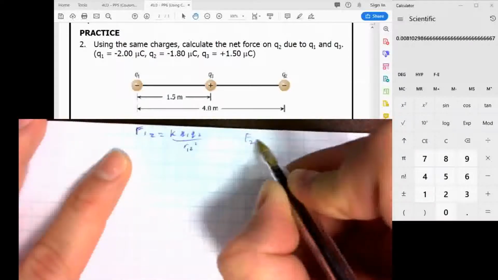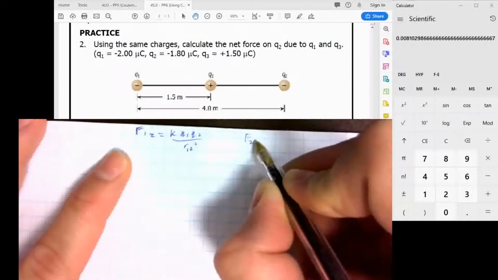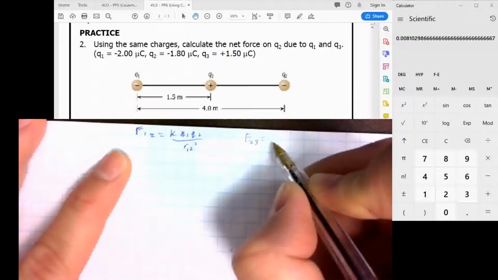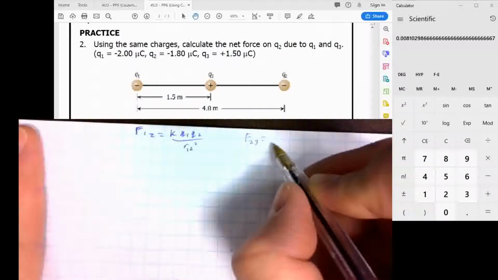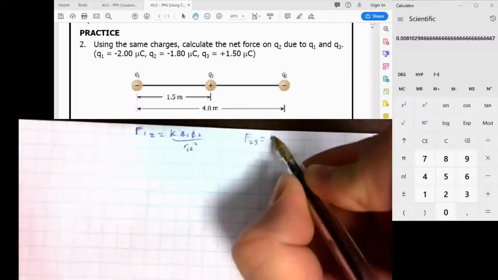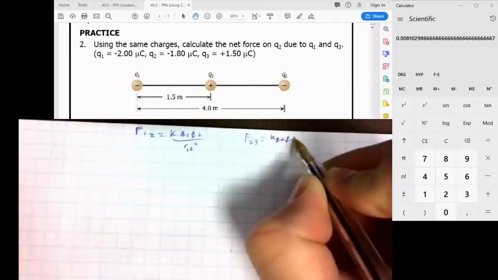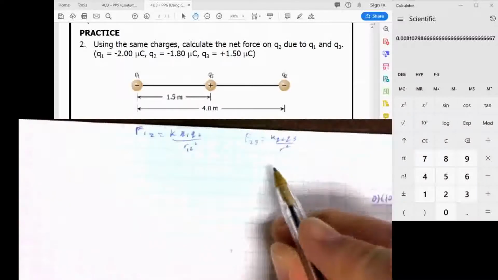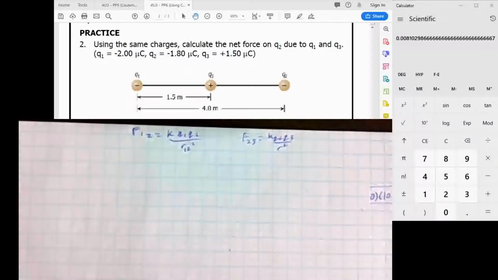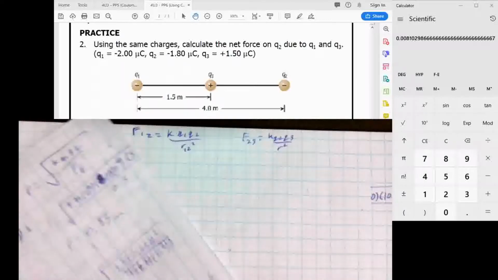And the force of 3 on 2 is K Q2 Q3 over R squared. I think we've already calculated that, but now we have to find out what the distance is. So let me just pull it up here.